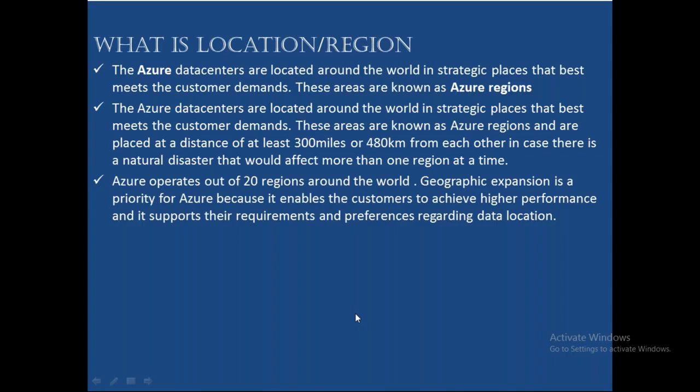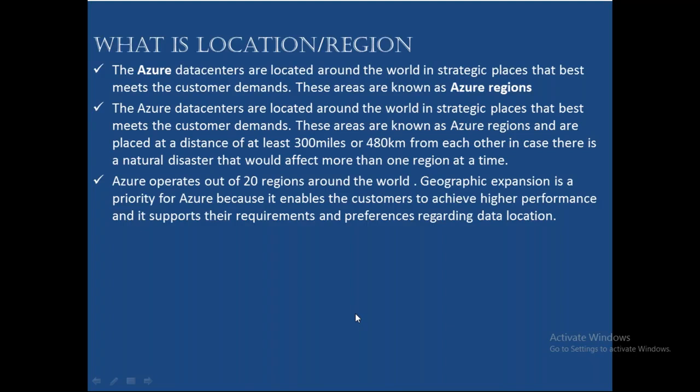If I put my data in a US data center and try to access it from India, how much time will it take? It will take more time because the US is very far from India. Instead, imagine you have a data center in India. Now you are storing your data in India, and accessing it will be much, much faster.